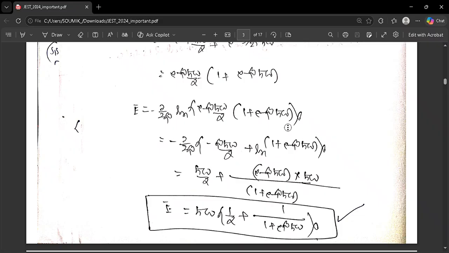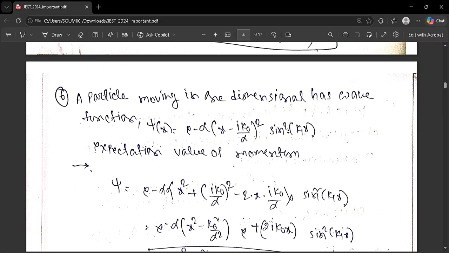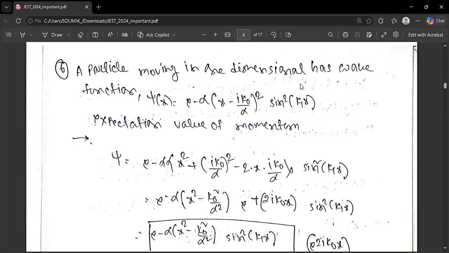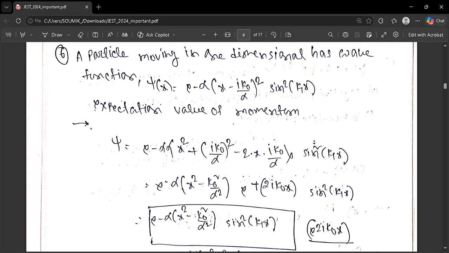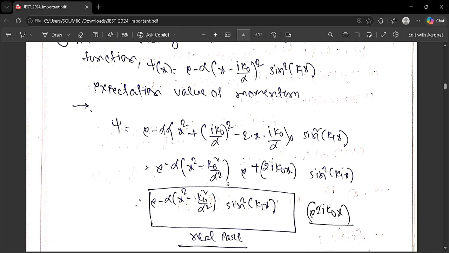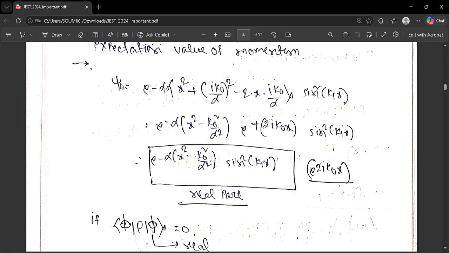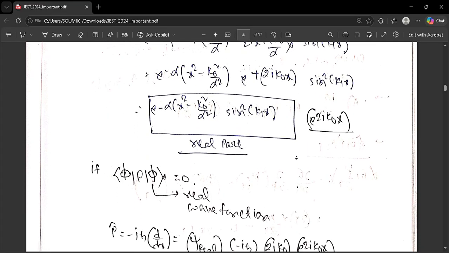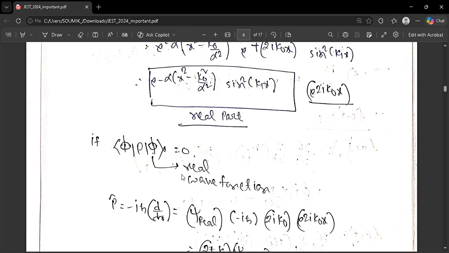Then, a particle moving in one dimension has this wave function; find the expectation value of momentum. We know that if the wave function is real, the expectation value of momentum is 0, and if the wave function contains an imaginary part, we get a finite expectation value of momentum. So for psi, I just expand this wave function, and we see that this part is real and this part is imaginary. We know the expectation value of momentum of any real wave function is 0.